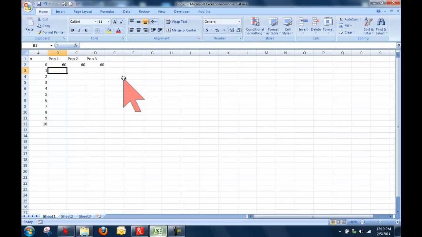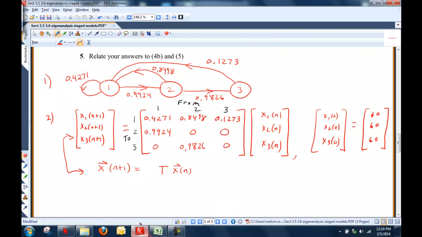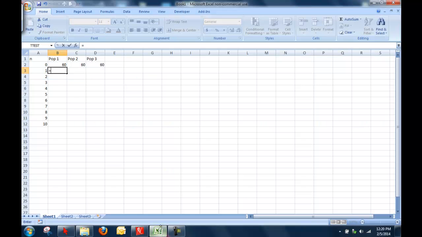And then here. So now I want to know what's happening to the population of the first stage in the next year. So now I'm basically reading off this row times this column, and these are the previous year's stage populations.